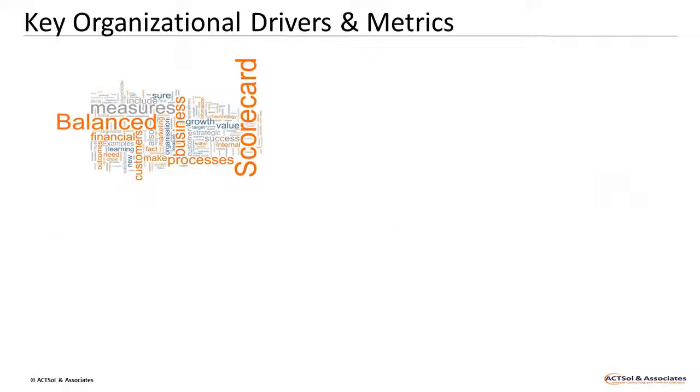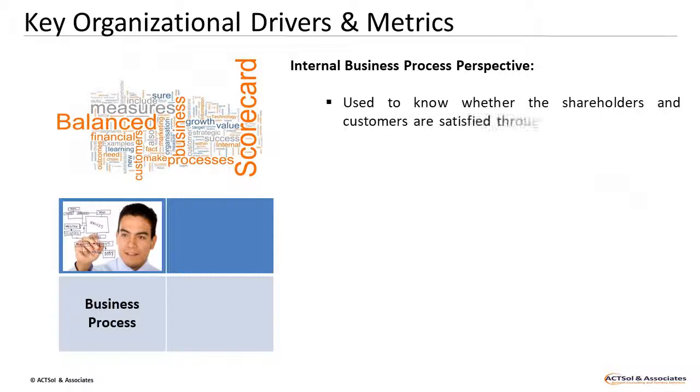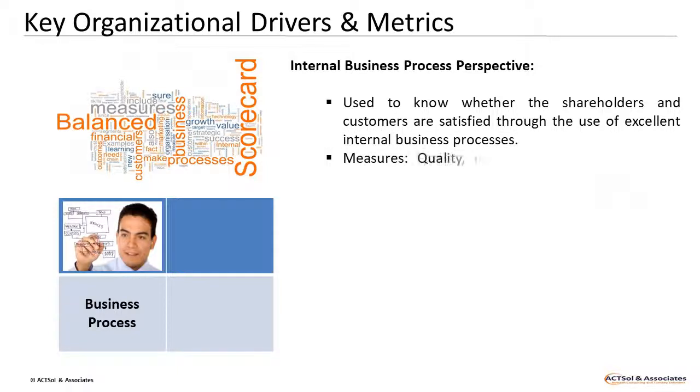Number 3, the internal business process perspective. This is used to know whether the shareholders and customers are satisfied through the use of excellent internal business processes. Measures generally used here are quality, response time, cost, and new product to market lead time.